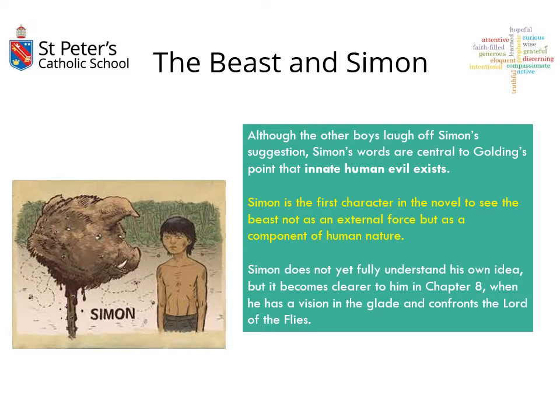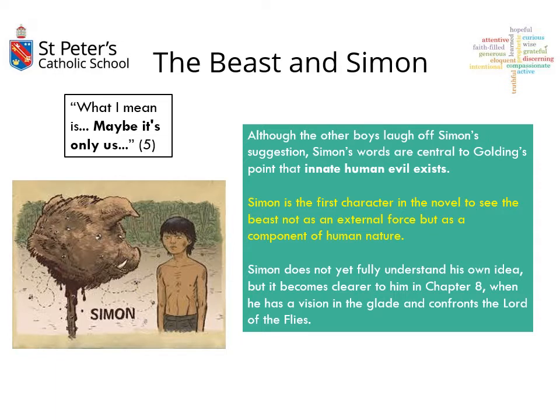So we see that Simon's been laughed off before, but his words are now central to Golding's main point that maybe innate human evil exists, maybe in that quotation, maybe it's only us. Simon doesn't fully understand his own idea when he says it in chapter 5, but by chapter 8 we see Simon with this vision.